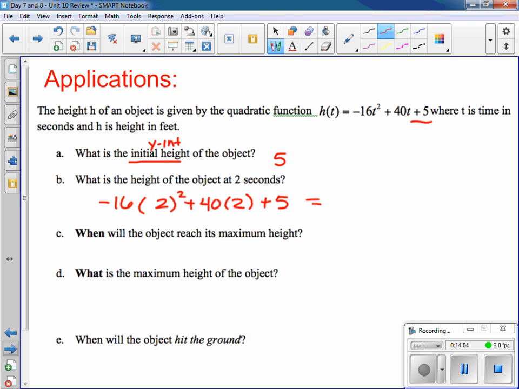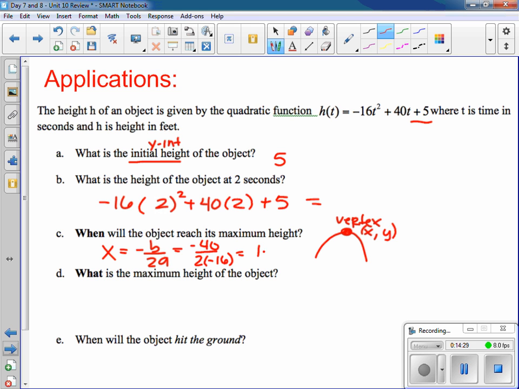When it says when will the object reach its maximum height, you have to use the formula negative b over 2a, because what it's really trying to get you to find is the vertex, and we're looking for the x coordinate of the vertex on part C. We're looking for the y coordinate of the vertex on part D. So the first part gets you the x coordinate. So you're going to do -40 divided by 2 times -16.